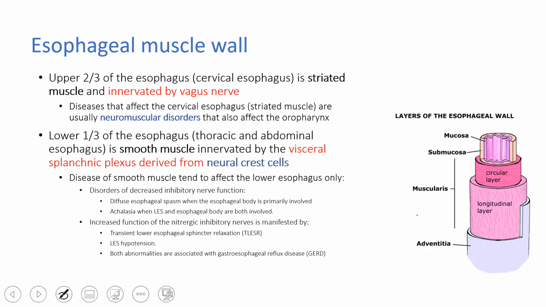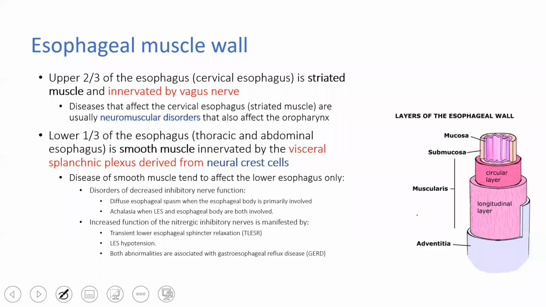That's why a disease of the smooth muscle, like achalasia, involves the lower third, unless it's mixed, but usually it's a smooth muscle disease. Esophageal smooth muscle disease means the lower third of the esophagus, versus the upper 2/3, made of striated muscle innervated by the vagal nerve. Usually if there are neuromuscular disorders, the upper 2/3 of the esophagus can be affected.